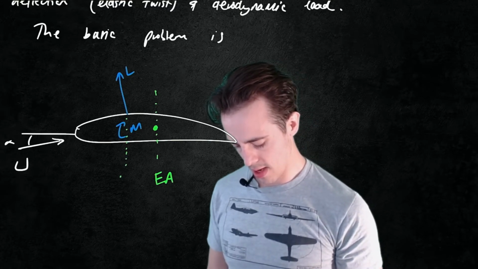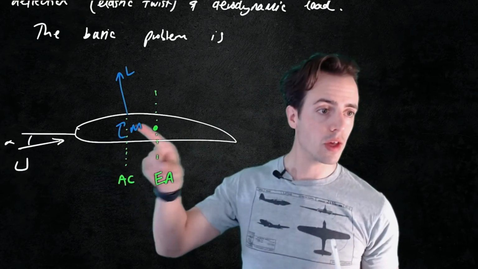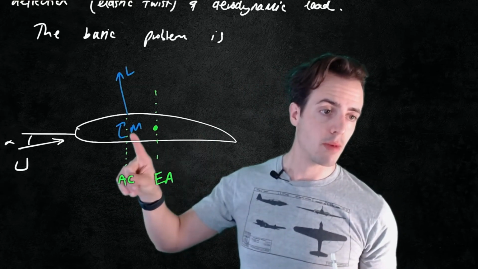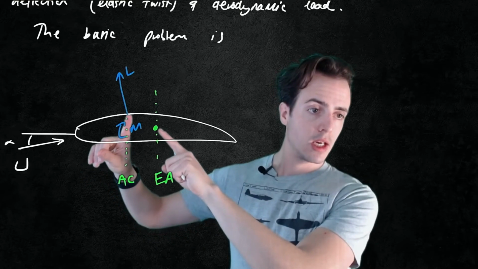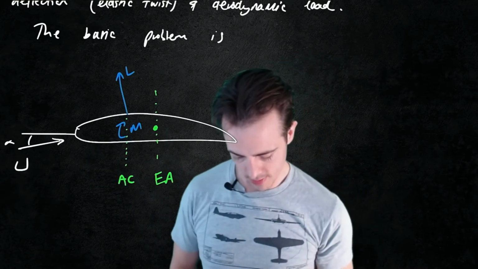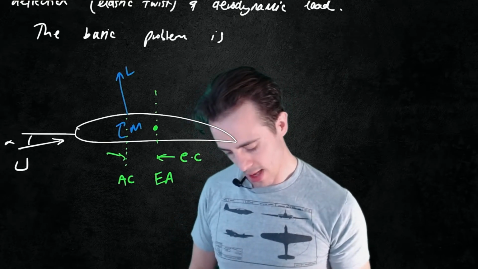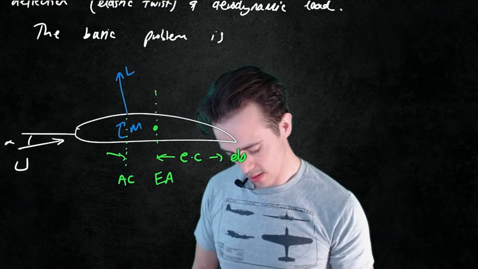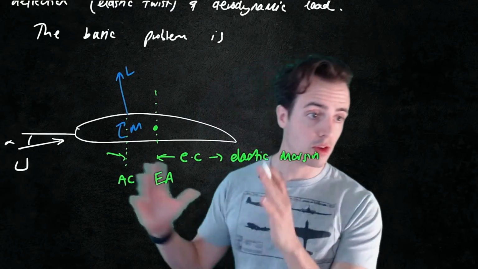This is my aerodynamic center. So there is a moment produced by not just the aerodynamic pitching moment, but also the fact that there is a moment arm between the aerodynamic center and the elastic axis. We've already spoken about this. We've called this EC, or the elastic margin, where C is just the chord of the wing.